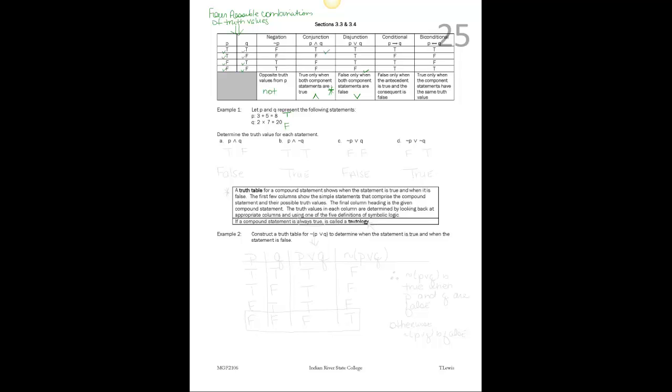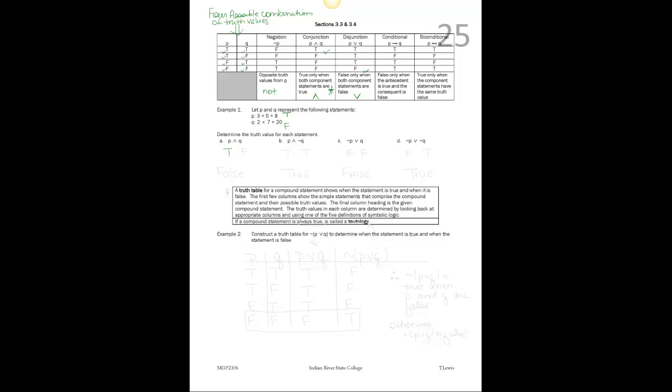So what we're going to do now is for P, we're going to represent that with the letter T for true. And for Q, we're going to represent that with F because that statement is false. So we have here, determine the truth value for each statement. We have P and Q. So for P, we said it's true.